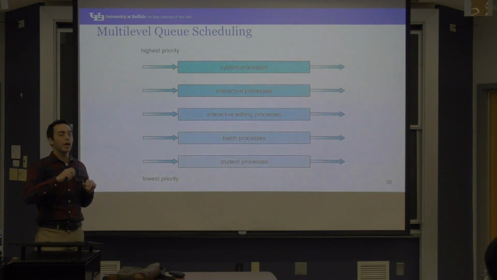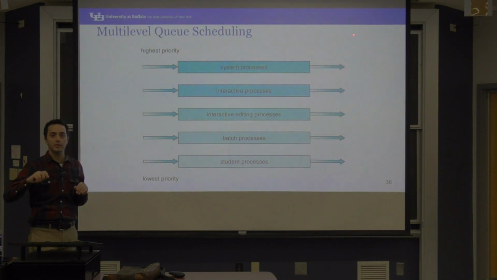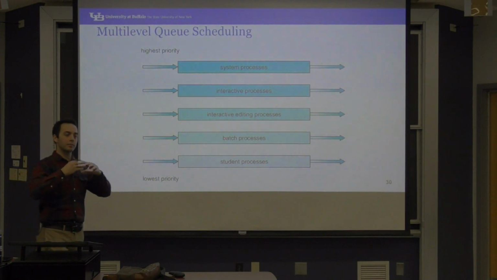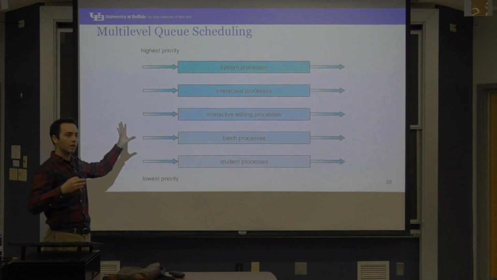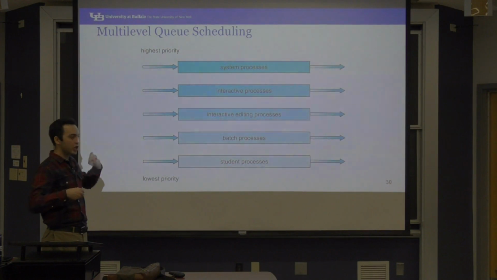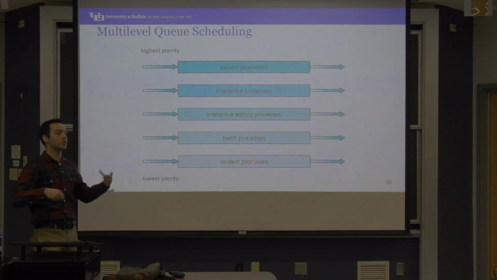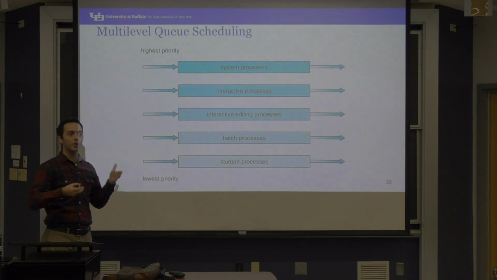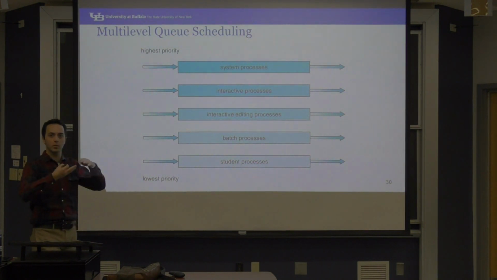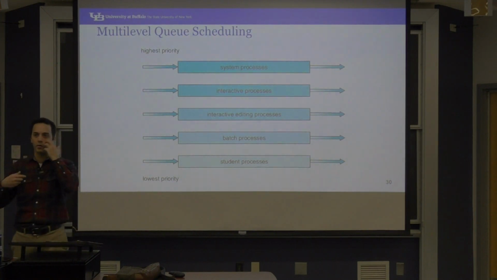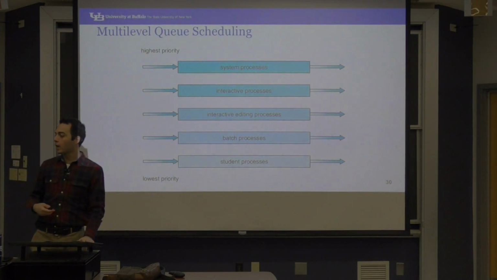If there are multiple system processes, they get scheduled based on one scheme or algorithm. And if it's the turn for a student process, there is another algorithm or scheme that tells you which student process should be scheduled. But you never replace a student process's turn with a system one. This is when you have multiple levels.